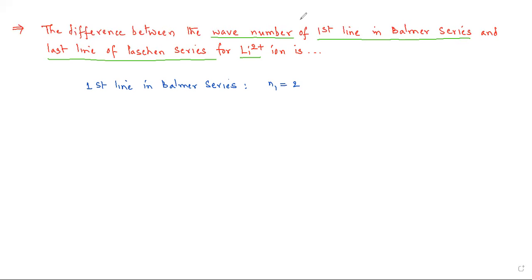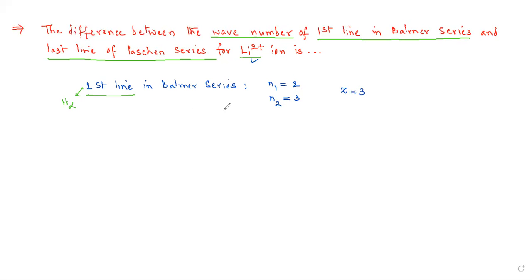And when they are asking for the first line, nothing but H alpha line, add 1 to your N1, then N2 will be 3. So N1 is 2 and N2 is 3. Of course, for Li+2, Z is equal to 3.